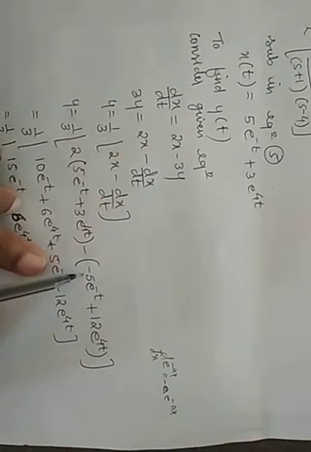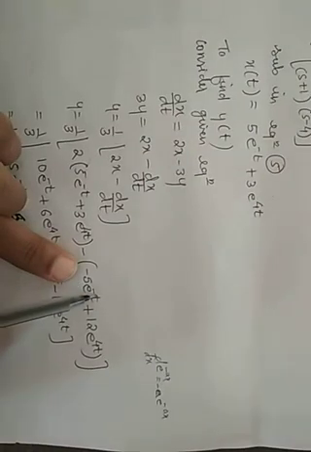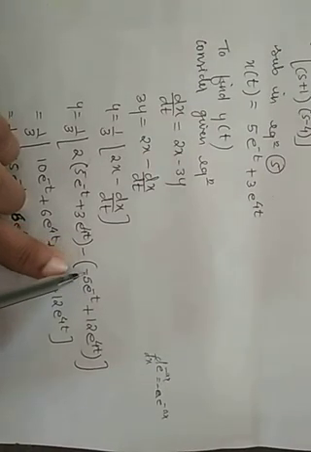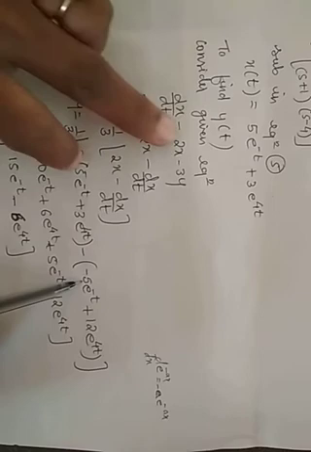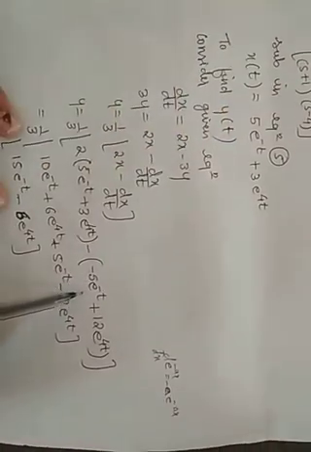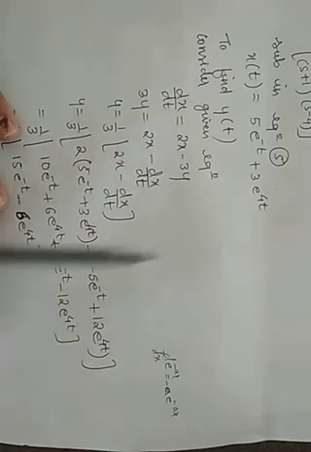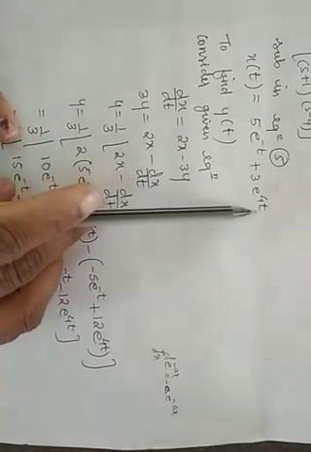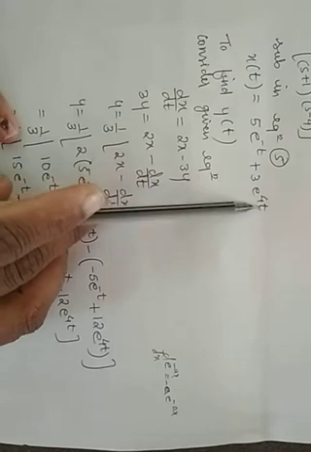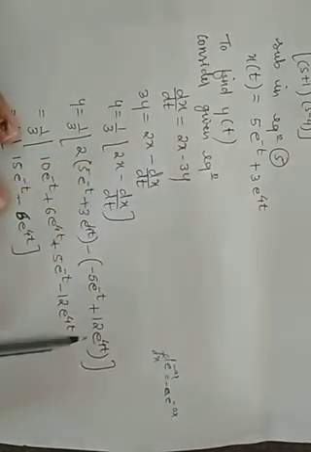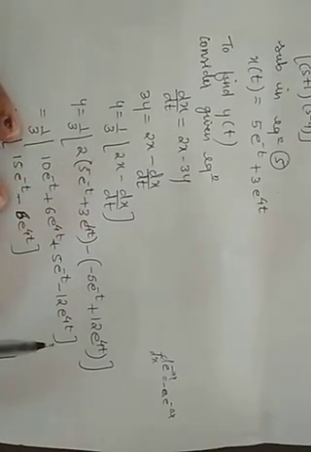Here minus 1 is the coefficient of t. So 5 will remain as it is, e raised to minus t's derivative is minus e raised to minus t, plus 3 is constant, derivative of e raised to 4t is 4 e raised to 4t, 4 3s are 12 e raised to 4t.